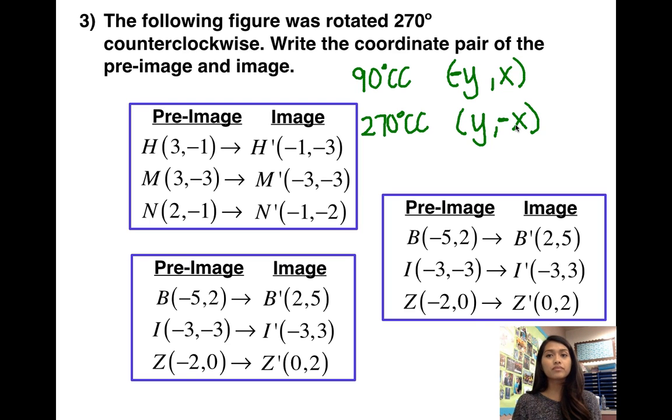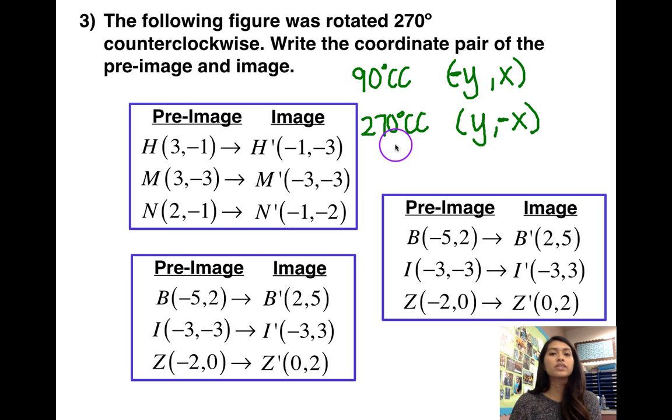So here's my way of making sure I remember which one's which, because it is kind of tricky. What I think of is first I have to memorize that with a 90 and 270 degrees, it is required that the ordered pairs switch. So from there, I decide, okay, what's bigger, a 90 or 270? 90 is obviously smaller, and for that reason, that's why I take the opposite of the first value.